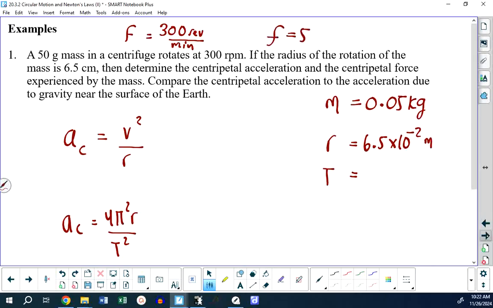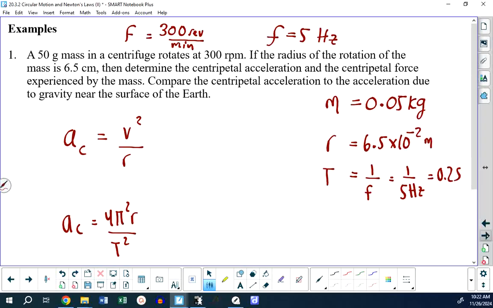If you take 300 revs per minute and divide by 60, you get 5, because 300 divided by 60 is 5. So it's 5 hertz, which is pretty fast, 5 times per second. What are we going to do to that to find the period? The period is the reciprocal of the frequency, so that will be 1 over 5 hertz, which is 0.2 seconds.